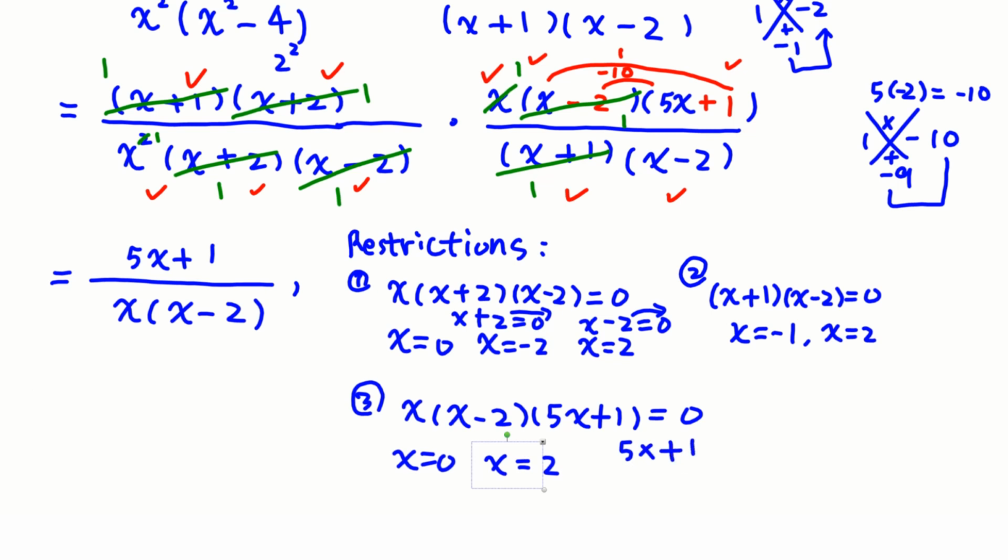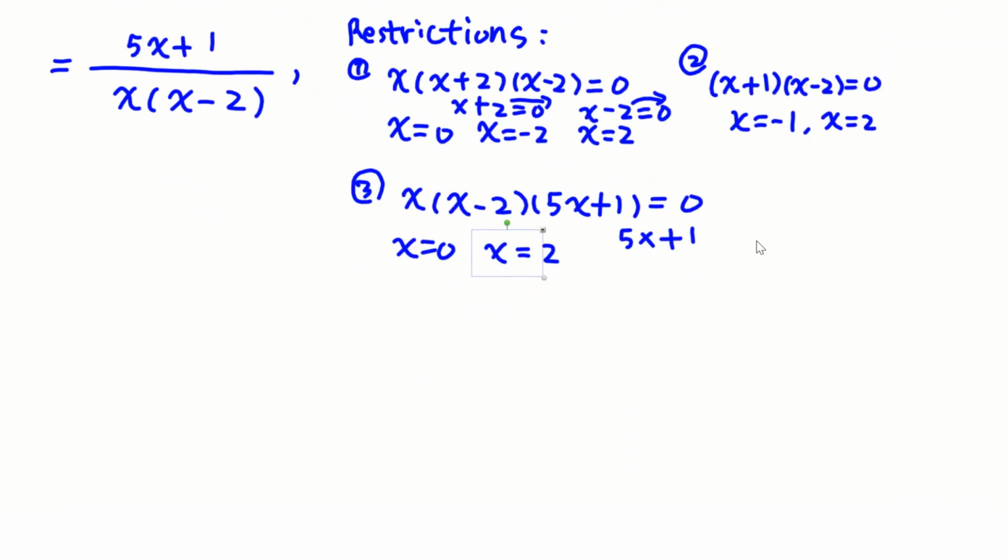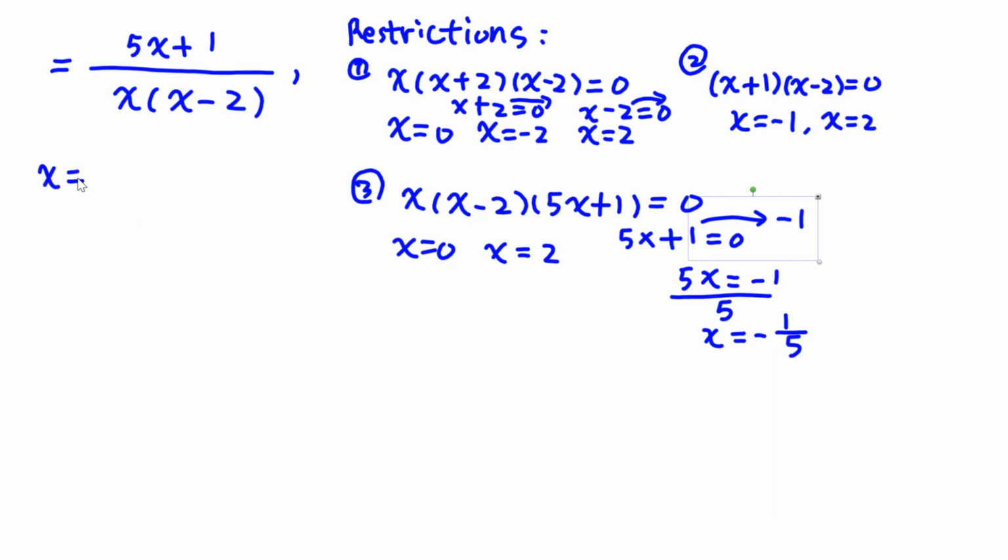We are going to move the adding or subtracting to the other side first. Then move the 5 to the other side by doing the opposite operation, division. So now we are going to combine all those restrictions together and make sure they go from the smallest to the largest.